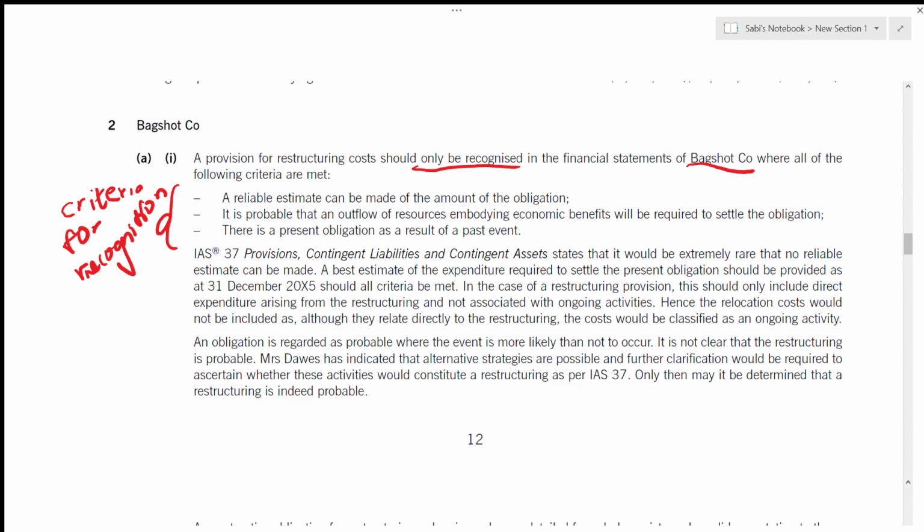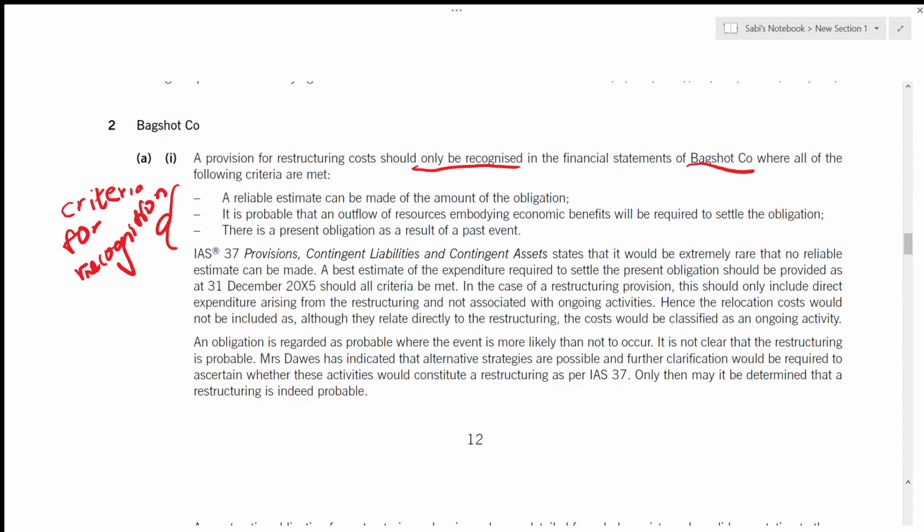A reliable estimate can be made of the amount of the obligation. So it is not just you are saying that there is some obligation in the future. You have to have a reliable estimate, some figure which is reliable needs to be put on that. It's not accurate, it's okay, but still an estimate has to be made. Second criteria, it is probable that an outflow of resources embodying economic benefits will be required to settle the obligation.